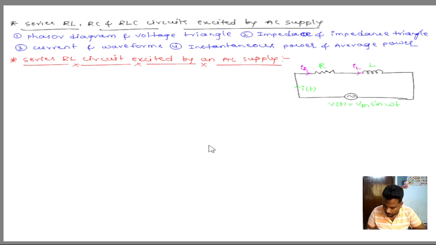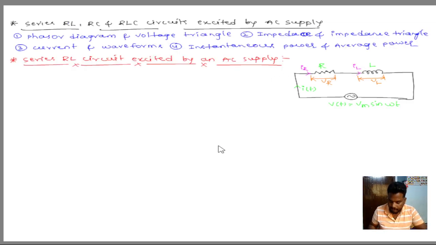When IR is flowing through the resistor, then voltage drop is occurring across the resistor. We denote that by VR, and the voltage drop across the inductor when current IL is flowing through it is VL. And this is the series combination of the circuit.